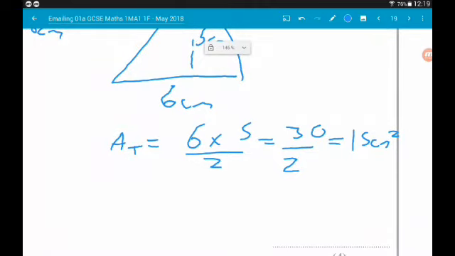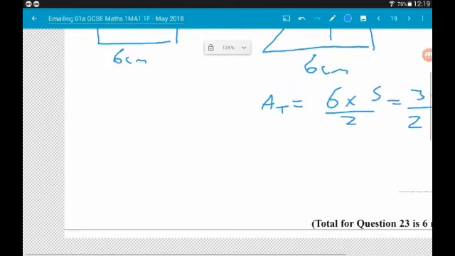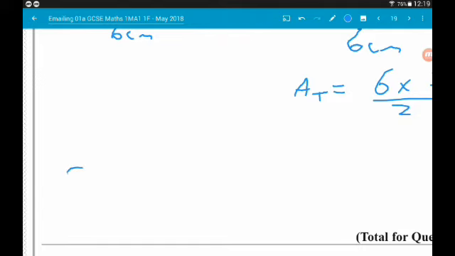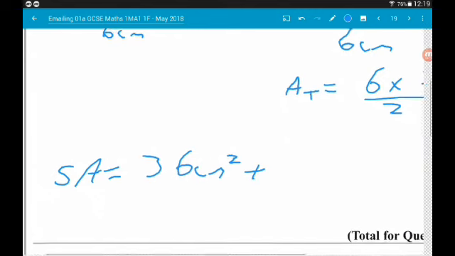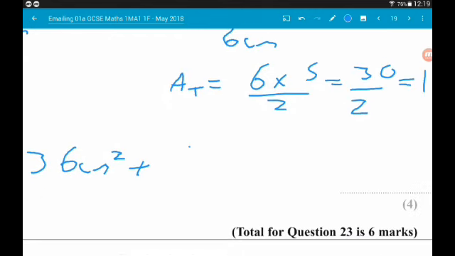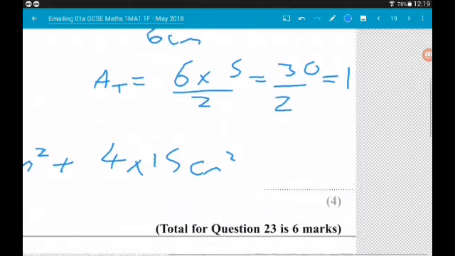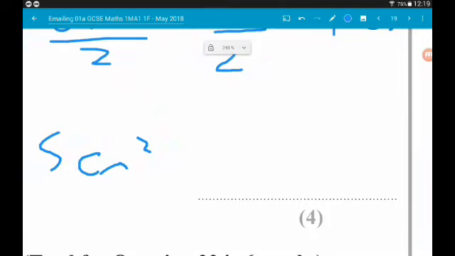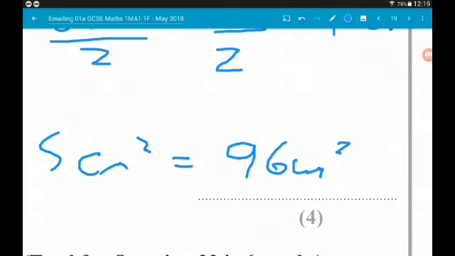Now there are 4 triangles, so the surface area is the area of the square, 36 centimeters squared, add 4 lots of the triangle, 4 times 15 centimeters squared. 4 times 15 is 60. So we got 36 and 60, which gives us 96 centimeters squared.